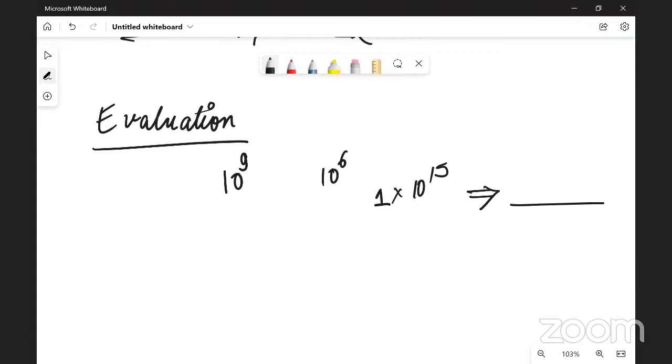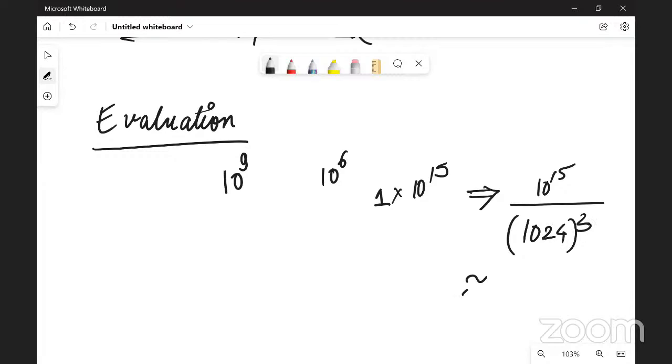Okay, so let me help you with this. Whatever this number is, 10^15, 10^3 if I divide it once, it gives me kilobytes, right? Divide it twice, it's going to give me megabytes. If I divide it thrice, it is going to give me gigabytes.